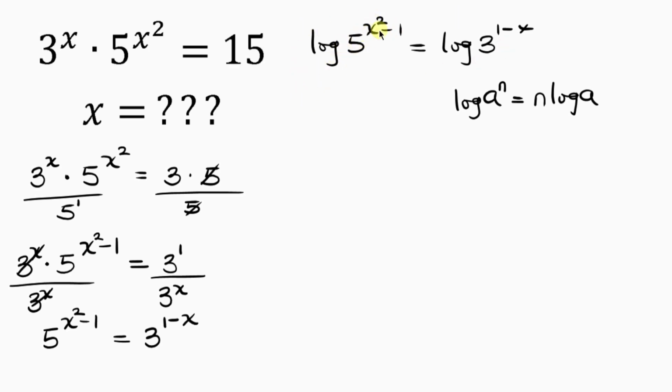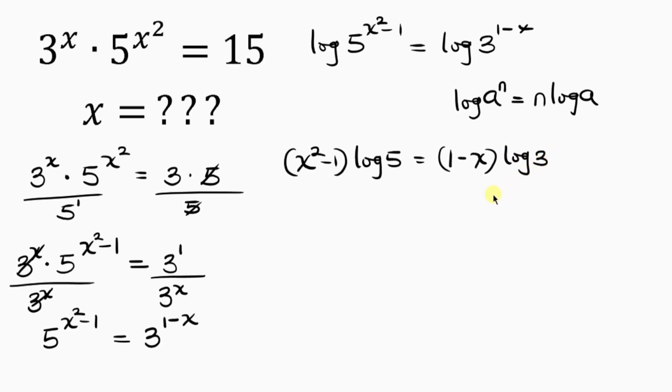So this power is x squared minus 1. We can go ahead and use it to multiply log 5 according to the law of logarithm equal to, we're going to be doing the same thing here. We use the power, which is 1 minus x, and use that to multiply log 3. Very good. Everything is looking well and good.